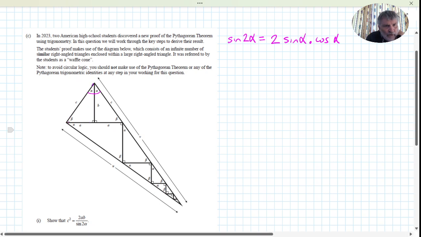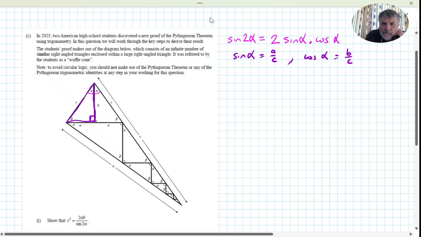So if we look at this right angle triangle, probably my diagram is going to get messy. So we're looking at this one at the moment. So in that triangle, sine of alpha, opposite is a over hypotenuse. And the cosine of alpha, adjacent is b over the hypotenuse.